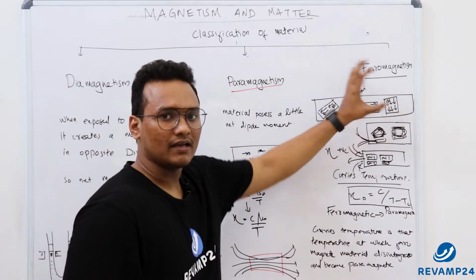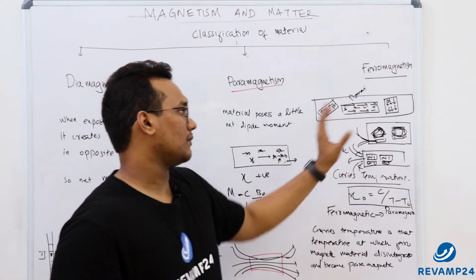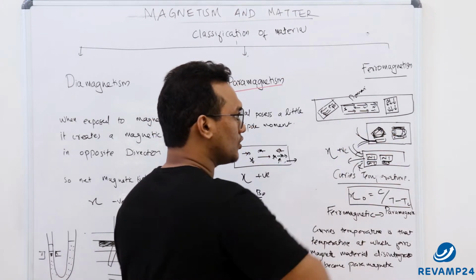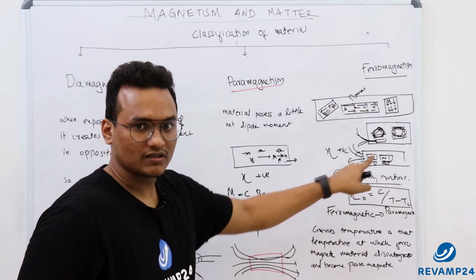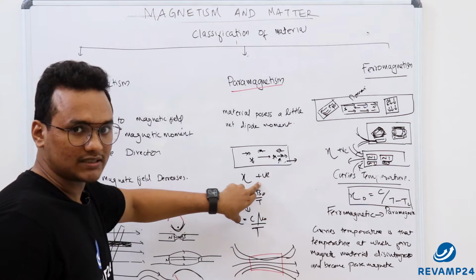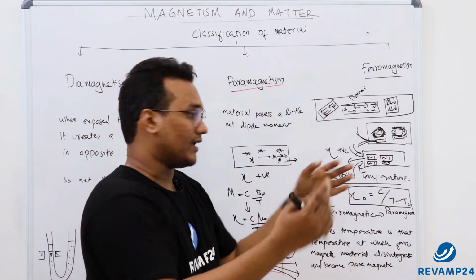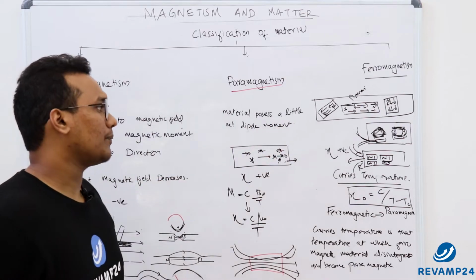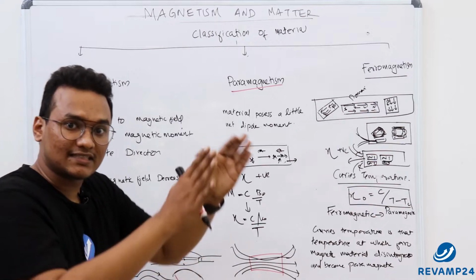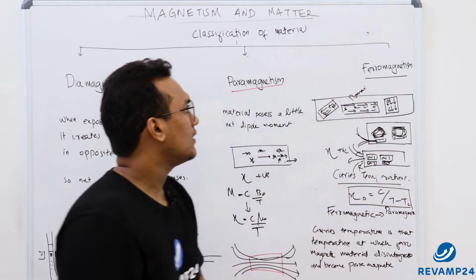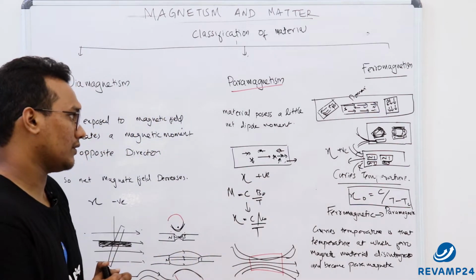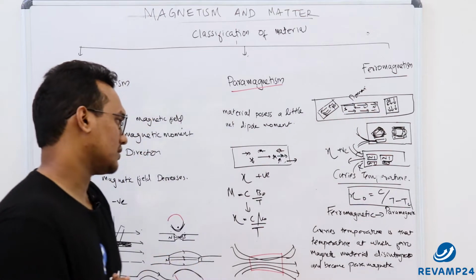So when we keep it in an external magnetic field, that field will give them energy, or force them to rearrange themselves in this form. That will create a very high magnetic field outside. So here susceptibility is positive, and very high, whereas in paramagnetic substances it is just individual dipole moments. But here individual dipole moments form clusters or domains, and these domains align themselves to create a substance with a higher magnetic field. Okay, so these are ferromagnetic substances.